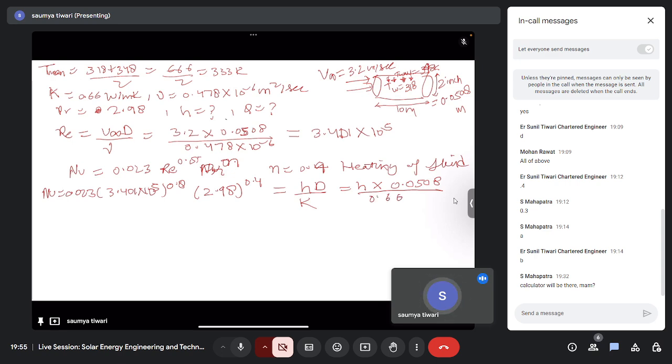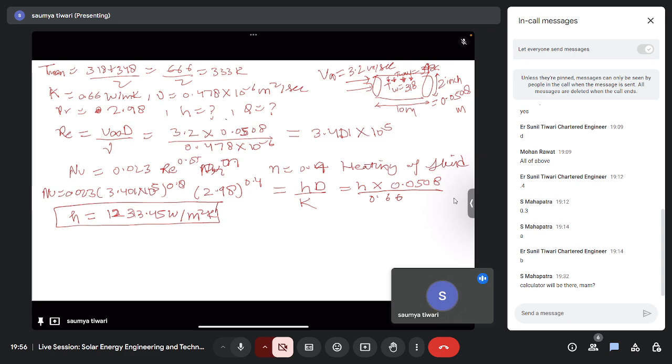We will solve this equation and you will get the value of h, which comes to be 12313.45 watt per meter square Kelvin. This is the value that I have got.